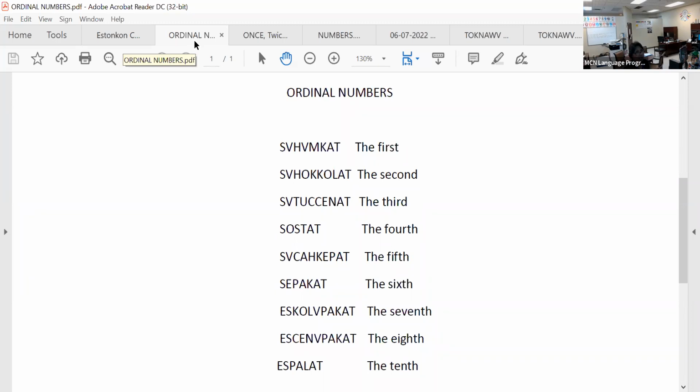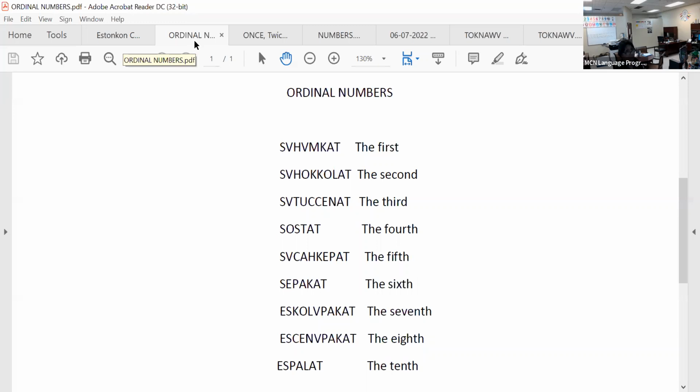The number is jakiban, but when we say the fifth, sajakibat. The sixth, when we say the number 6, it's ibagan, but when we say the 6th, we say sibagat. The 7th, number 7 is kolabagat, but when we say the 7th, we say iskolabagat.